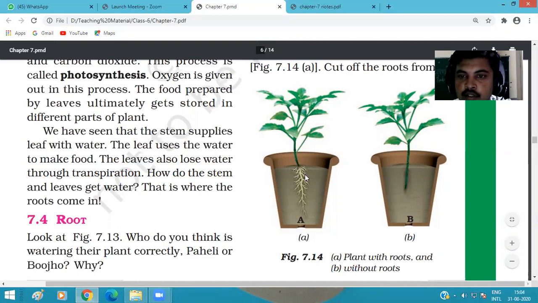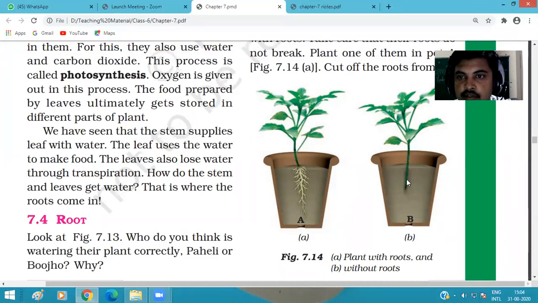One plant is put into the soil with its roots, and the second one has its roots cut first and is then buried in the soil. We sprinkle water regularly for a week, and after a week we see that the plant in pot A is growing properly, but the plant in pot B is not growing.